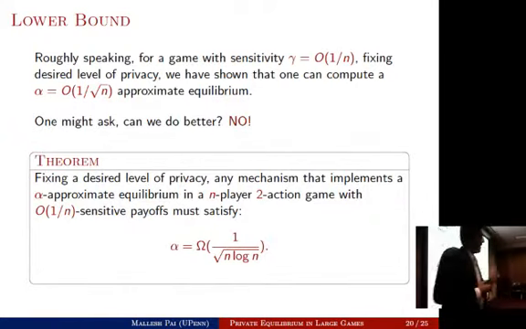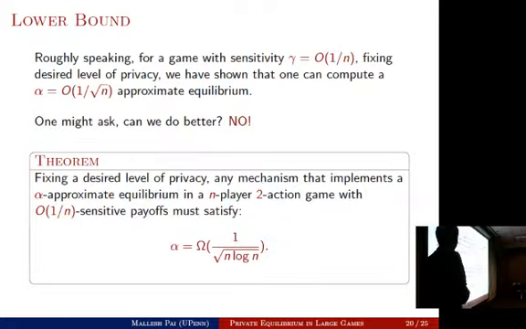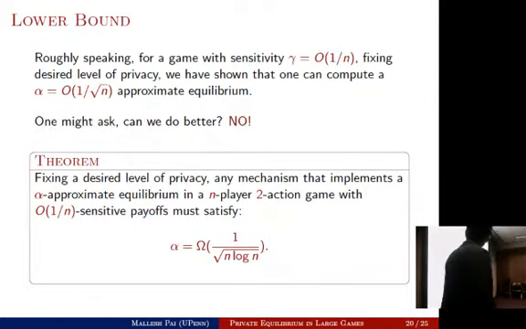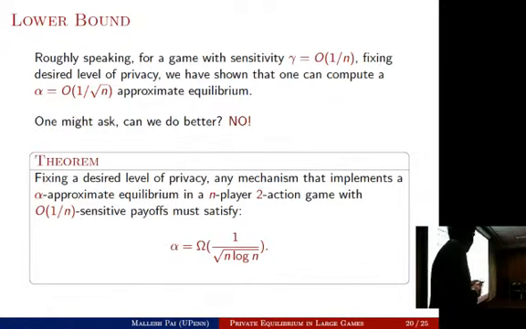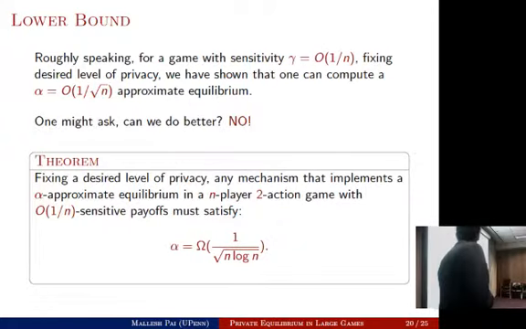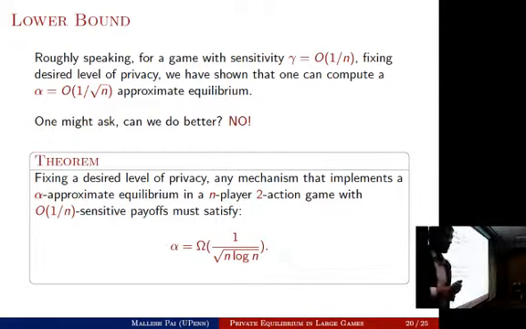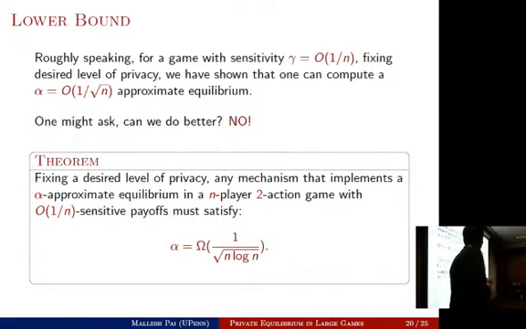Now let me conclude by giving you two other results. The first is a tightness result. We've shown that, roughly speaking, if you have a sensitive or an insensitive game, then you can compute a 1 over square root n approximate equilibrium. We can show that you can't do much better any which way you slice it.